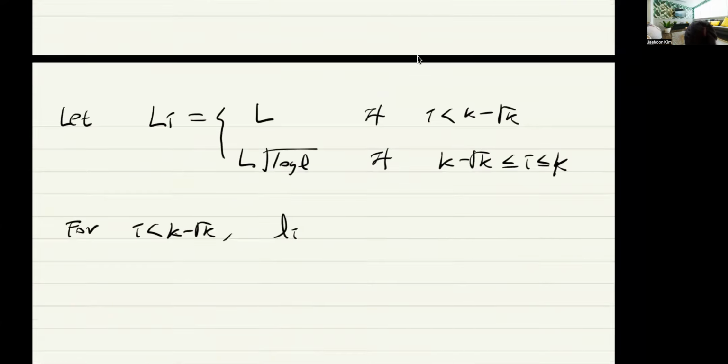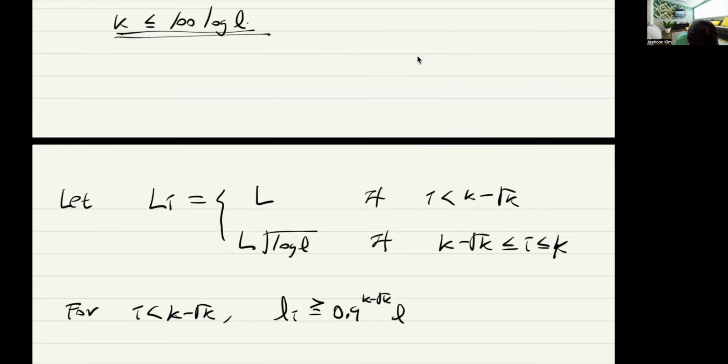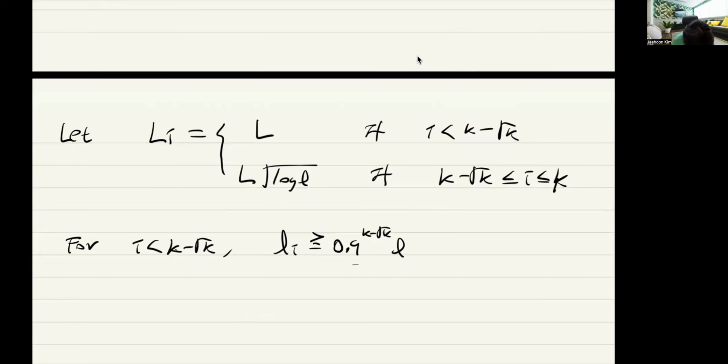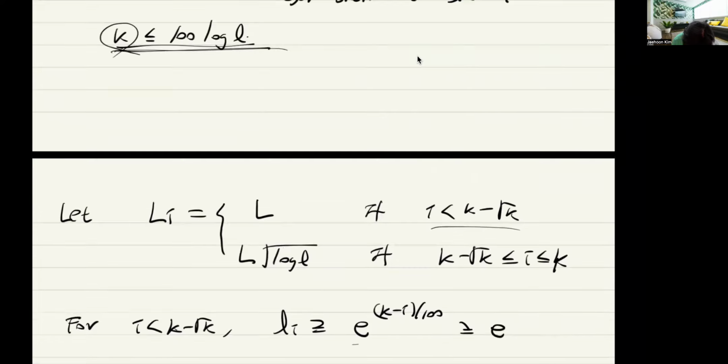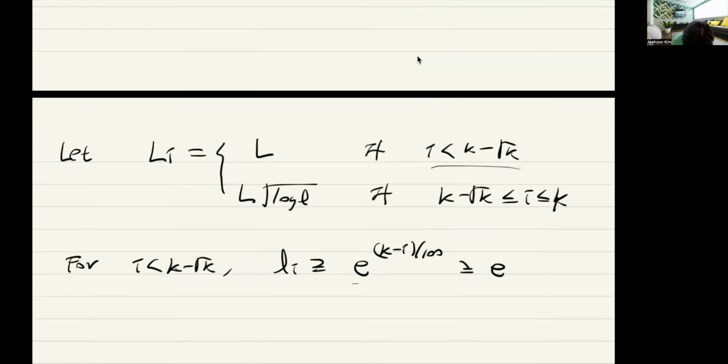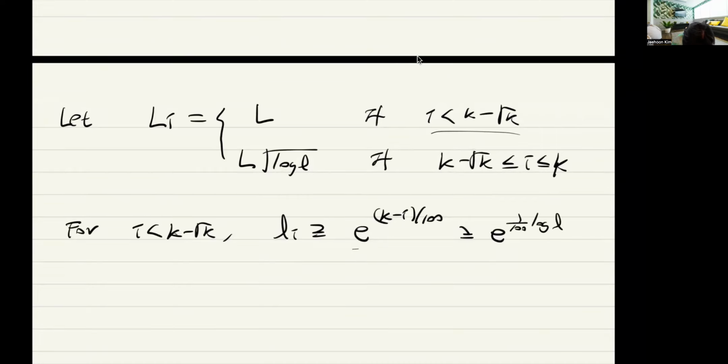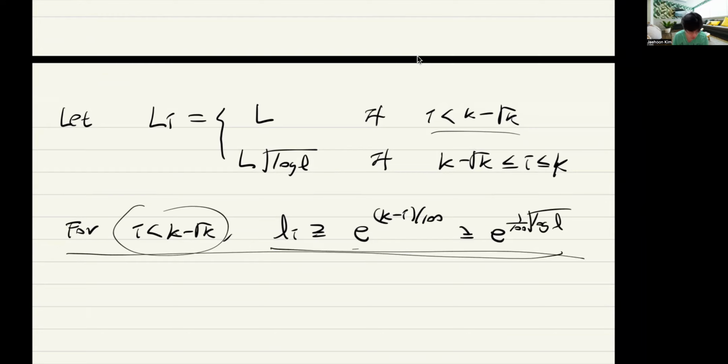We know that Li, which is at least 0.9 to the K minus square root of K times L, and K is roughly a constant times log L. So we can easily check that this is at least e to the (K minus i) over 100, and by applying this, this is at least like e to the 1 over 100 root of log L. Point is that this is for the first case, if li is not too much.